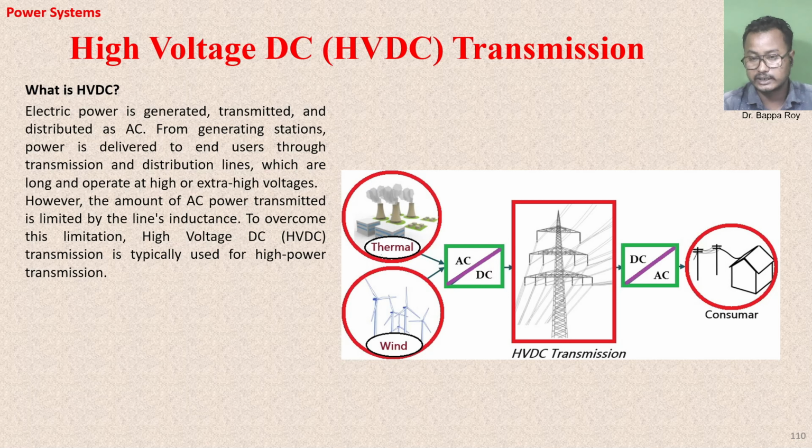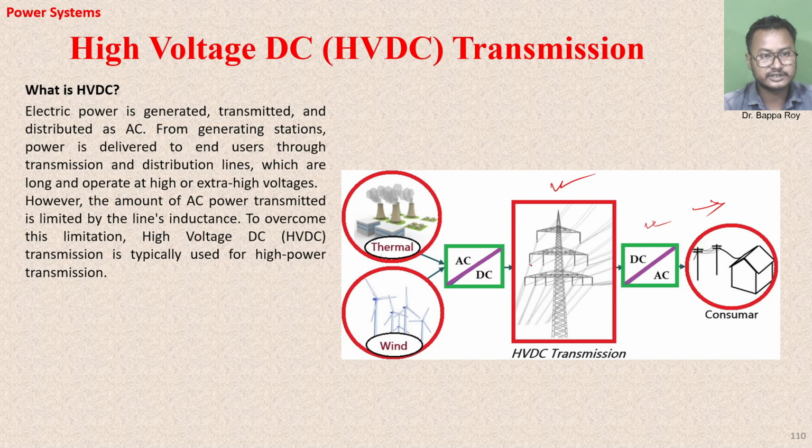Through this DC transmission line, which is why we convert it. Then when we are about to supply to consumers, we again use a converter, DC to AC. This is the transmission line used whenever we need to transfer power over long distance.